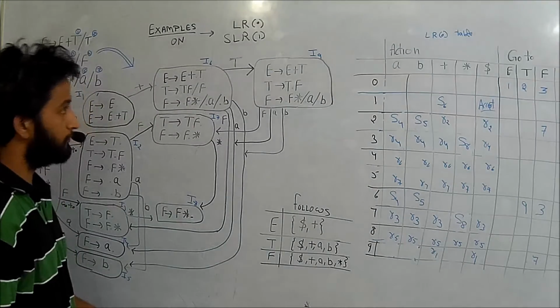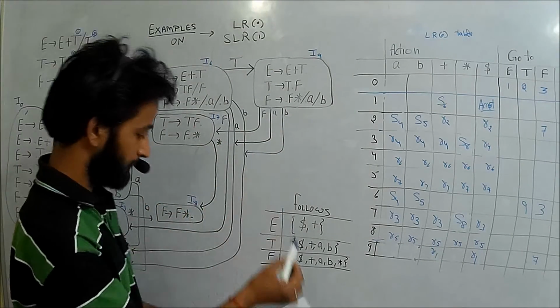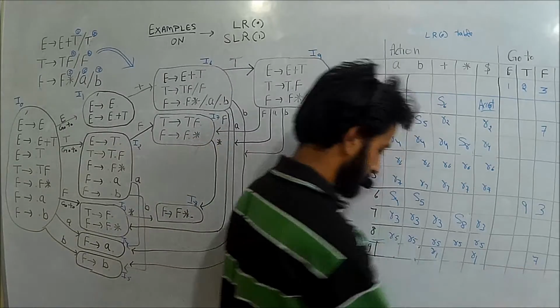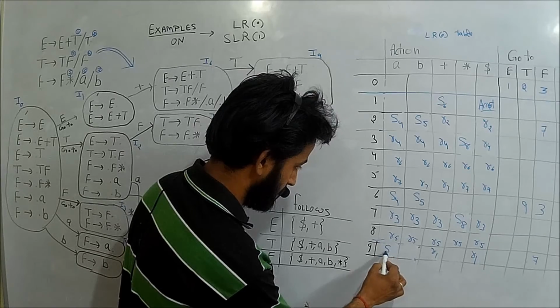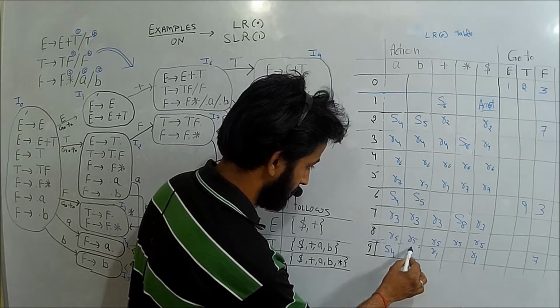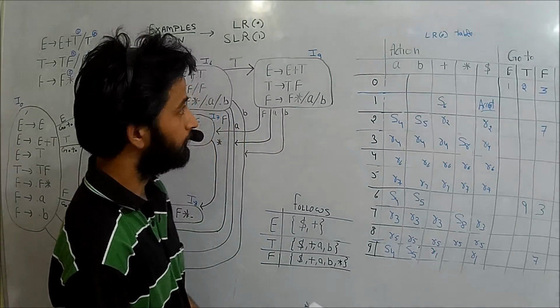Okay, and the goto moves will be for F, A and B. So F is 7, and I will add here S4 and S5.